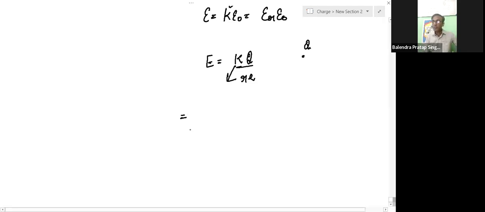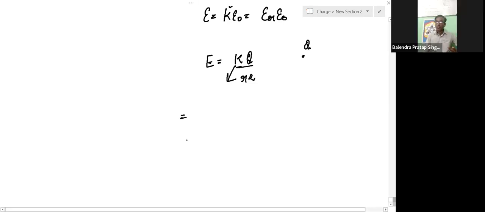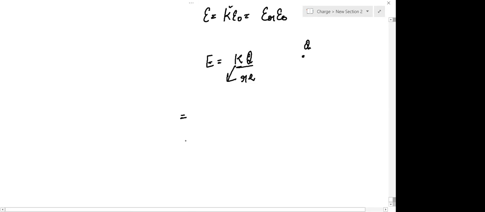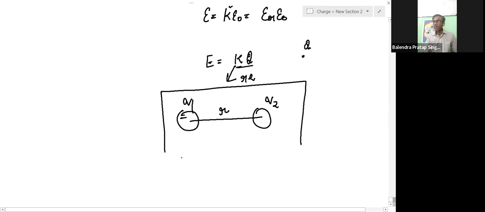Have you got my question? Can you repeat? Okay, suppose I put a charge q1 here and another charge q2 here, and they are separated by a distance small r, and this system is inside a medium of dielectric constant k.